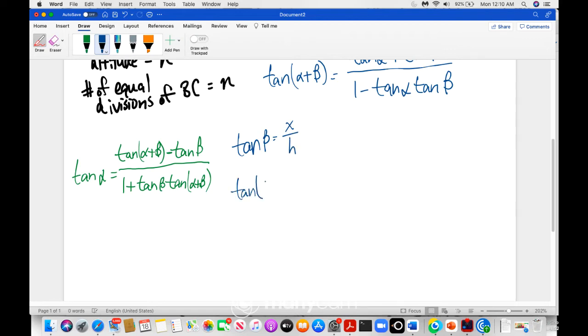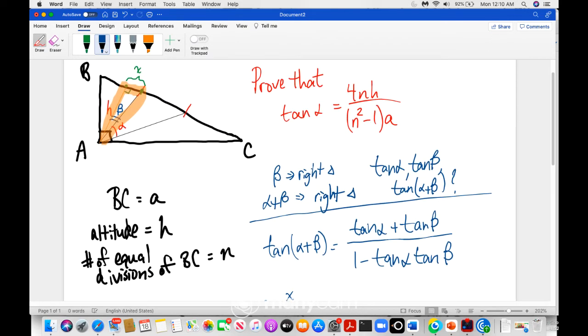And tangent of alpha plus beta, now we're focusing on this whole angle. So that's a right triangle because this is a right angle. But then tangent of that is what? Let's see, alpha plus beta, yeah. So we have this opposite side divided by the hypotenuse. So we just have to figure out what that is.